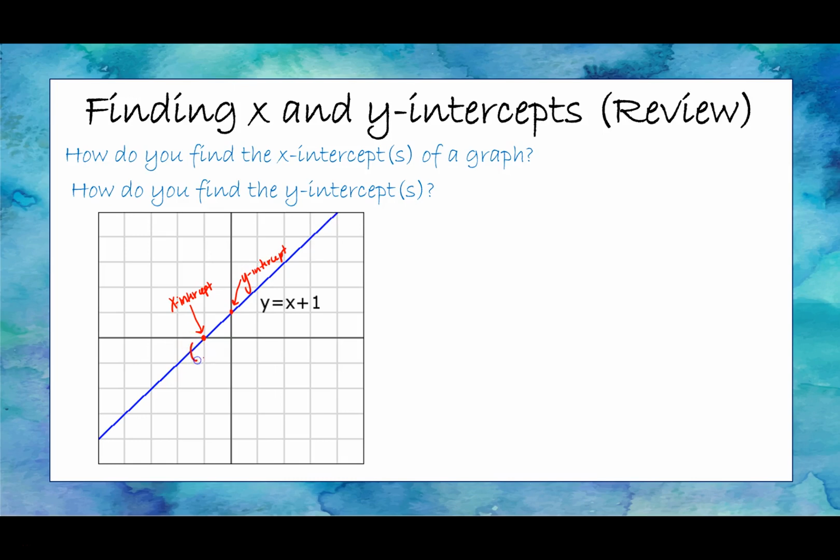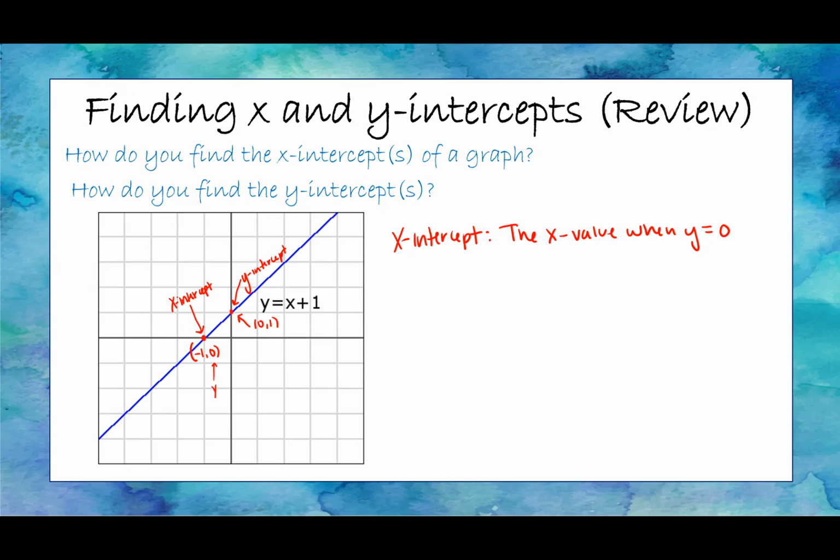This one here is going to be the point -1, 0, and this one here is going to be the point 0, 1. Notice for our x-intercept that our y-coordinate is 0. So I can go ahead and identify the x-intercept as the x value when y equals 0.